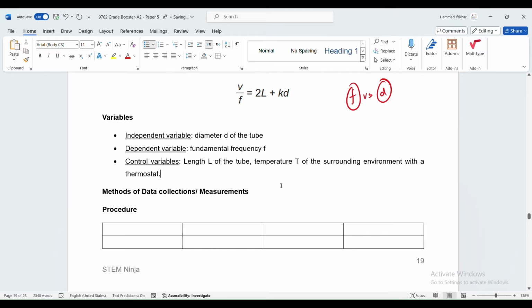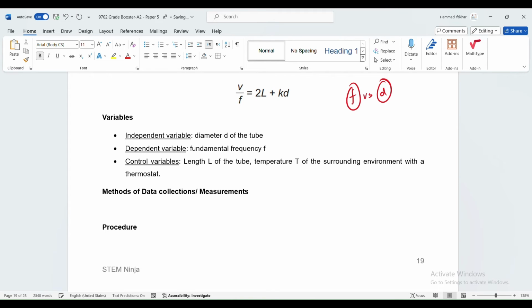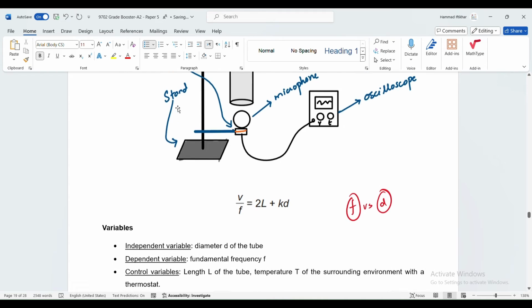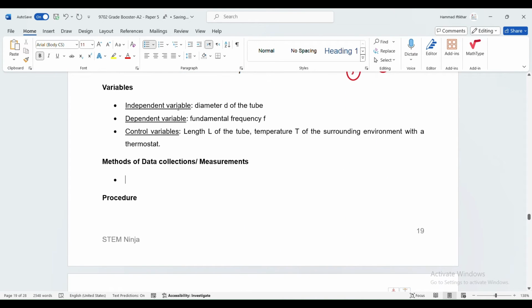All right. Now we go on to the method of data collection. We will go with the diameter D first. Using a vernier caliper, the diameter of the tubes can be measured.